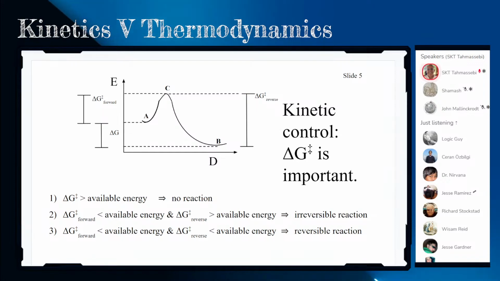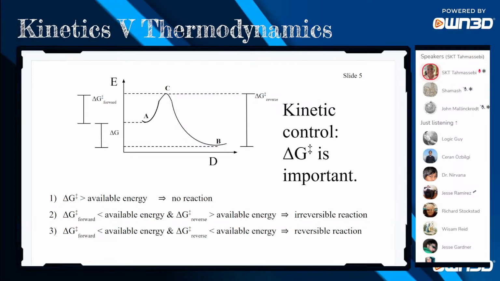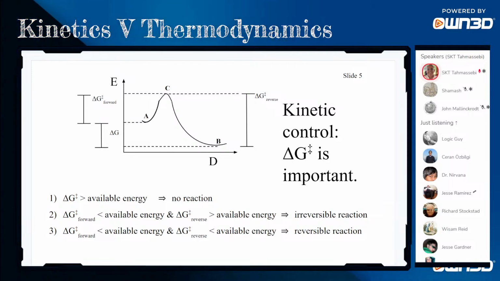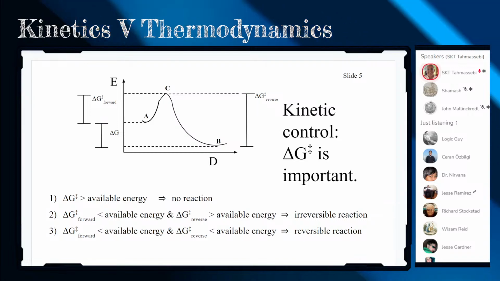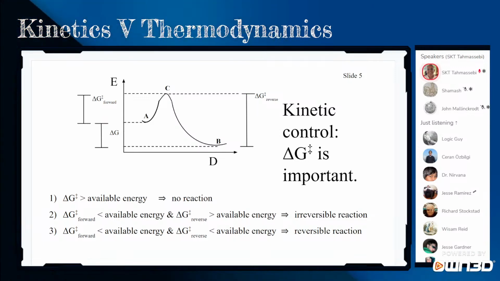If delta G double dagger is too high, delta G becomes irrelevant, because we can't really access that. So if the delta G double dagger is greater than the energy that's available, molecules can't make it over the hump of C to make it to B. They basically stay energetically in that valley between A and C.